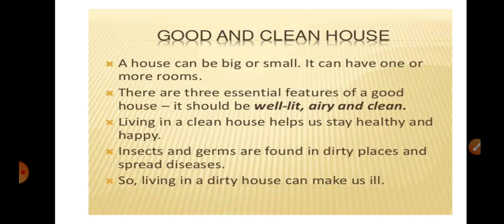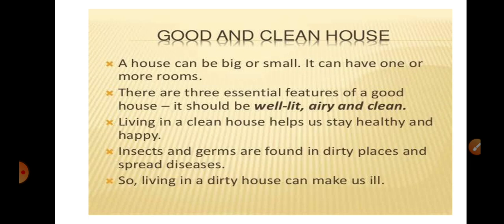Now let us revise what a good and clean house should be. A house can be big or small. It can have one or more rooms. There are three essential features of a good house. It should be well lit. Well lit means all the ventilators should be there, airy and clean. That means sunlight should enter the house.